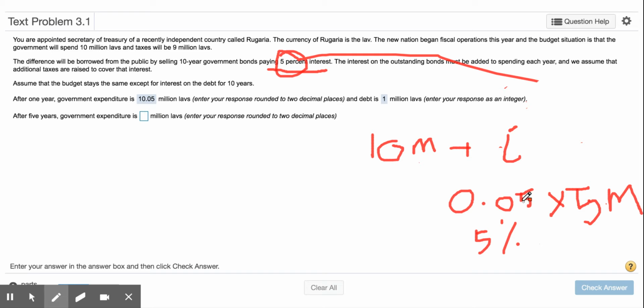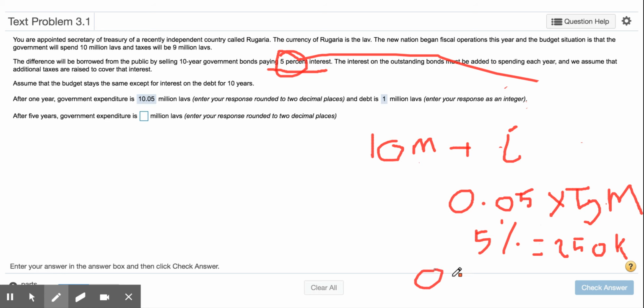So 5% multiplied by 5 million should be 250K. Writing this in millions, it should be 0.25 million, right? A quarter of a million.